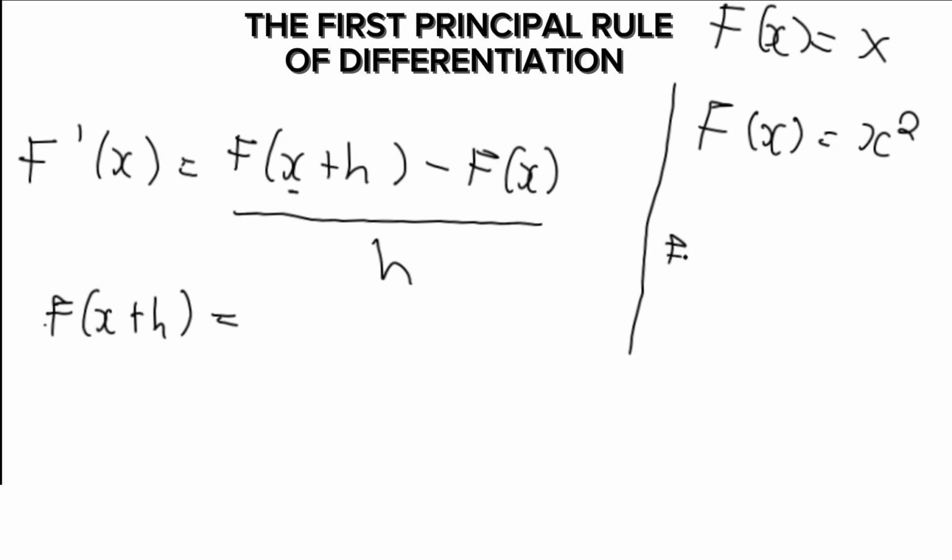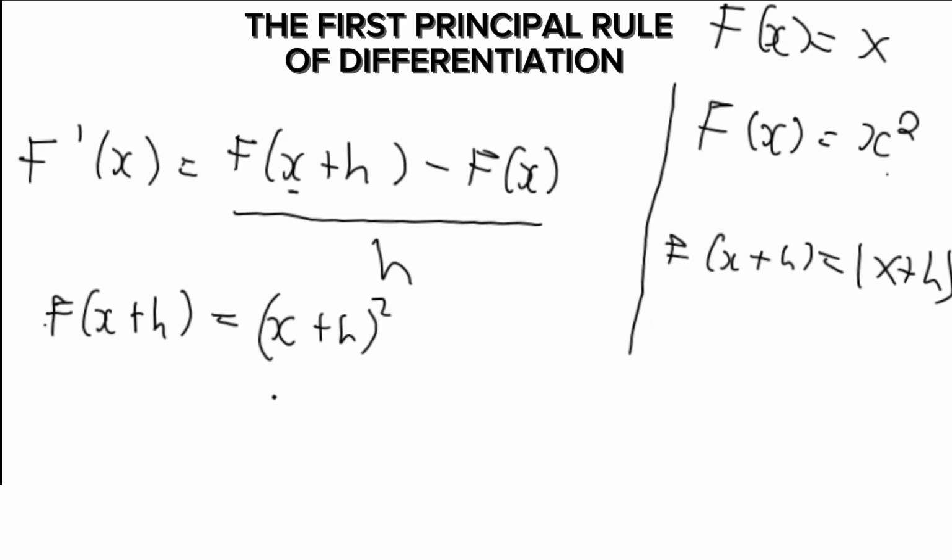If we want to get f of x plus h, that means we'd have to just substitute the entire thing here. So we'd have x plus h. But here we can see that we have x squared. So it's like this same x which we have substituted, now squaring it. So what we'll do there, we'll have x plus h, then we square it. Then f of x, which is the original function, we'll just substitute and then we'll get x squared.